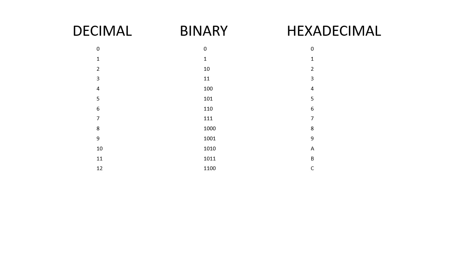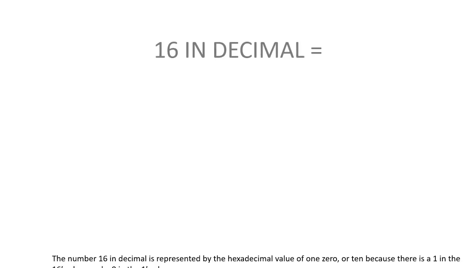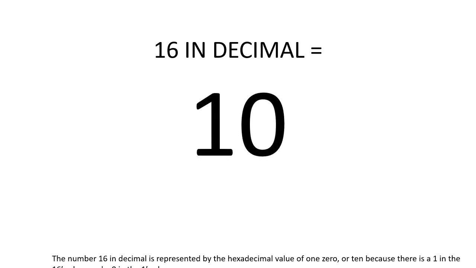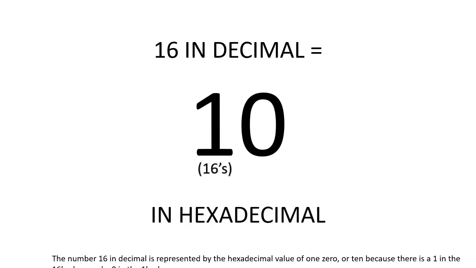For 11 it's B, 12 it's C, 13 is D, 14 is E, and 15 is F. We stop at F. The number 16 in decimal is represented by the hexadecimal value of 10, because there is a 1 in the 16th place and a 0 in the 1's place.